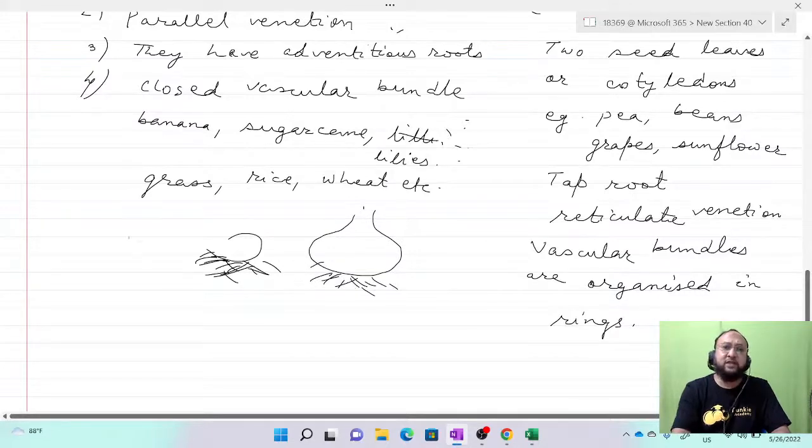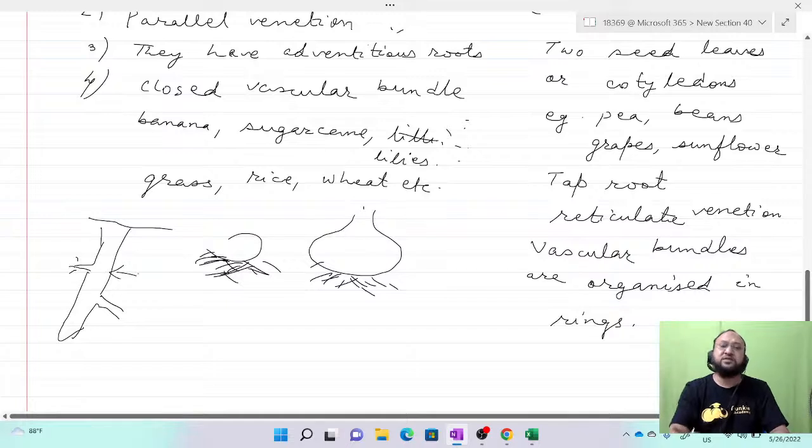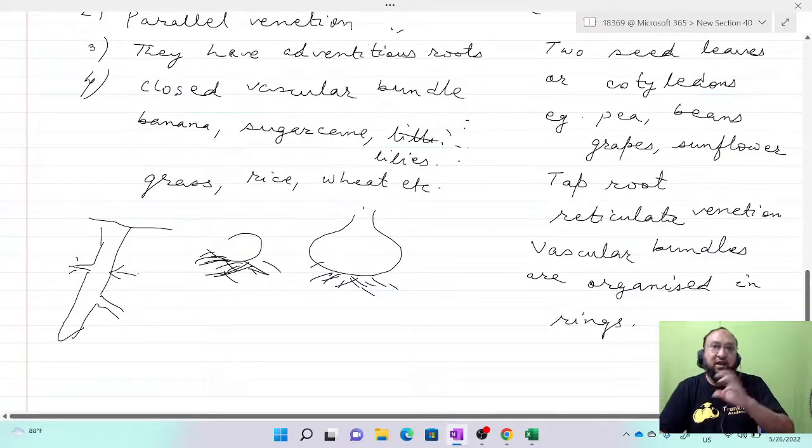But in case of taproot system, if this is the soil level and this is a taproot, it will form one main root, and from there the different branches will be formed, and the root hairs are there. So that is called taproot system, which is found in dicotyledonous.